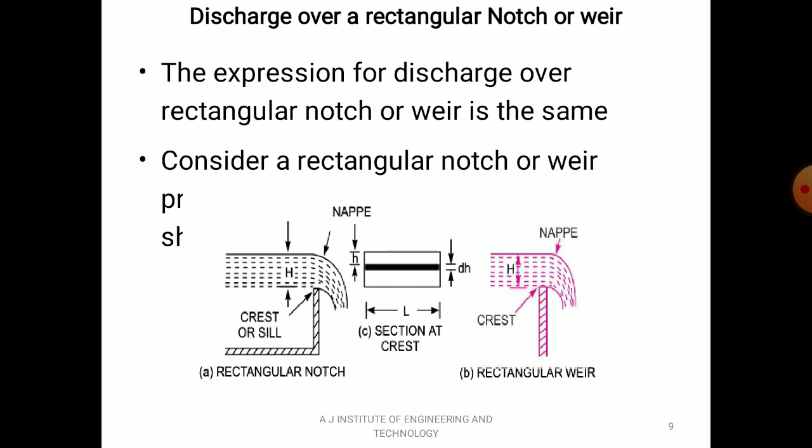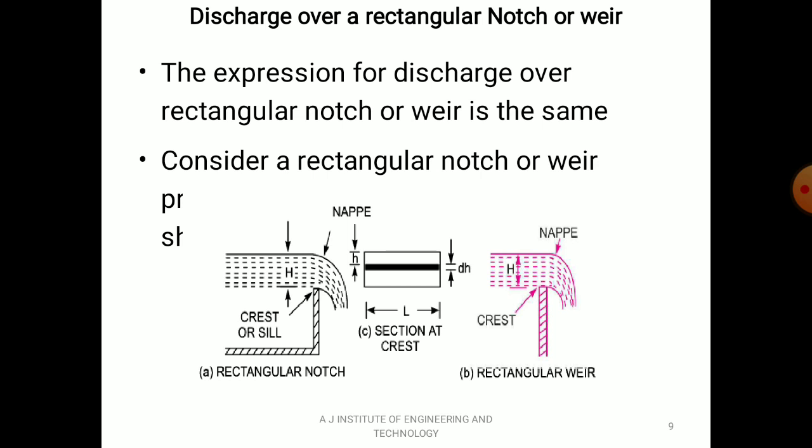So let's go for the derivation. Discharge over a rectangular notch or weir. The expression for discharge over a rectangular notch or weir is the same. The discharge, the quantity of water flowing per second, remains the same for a rectangular notch or weir.